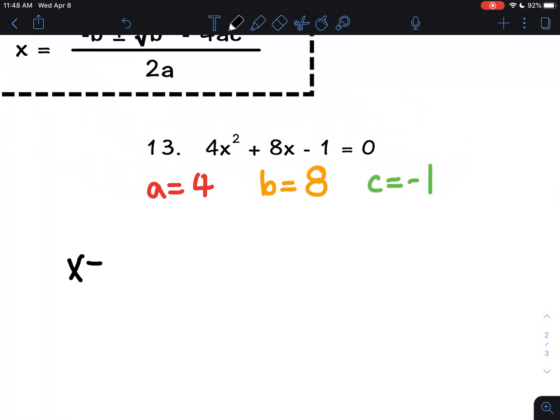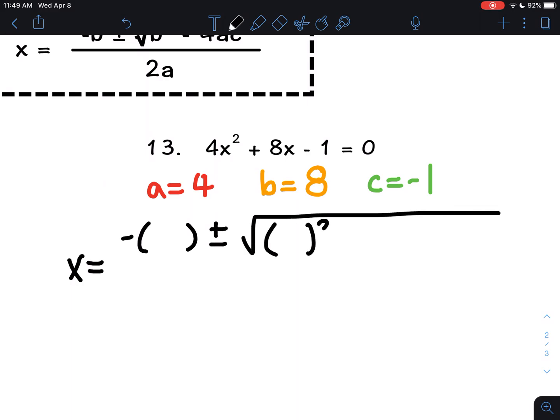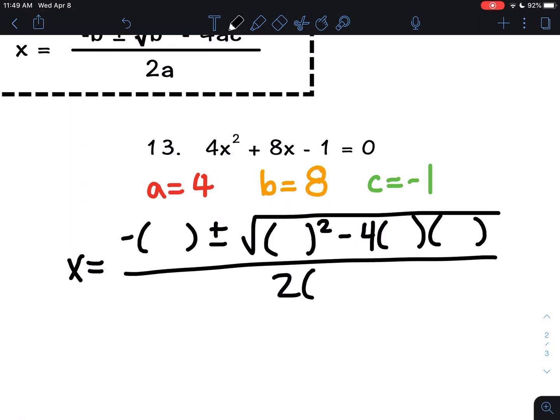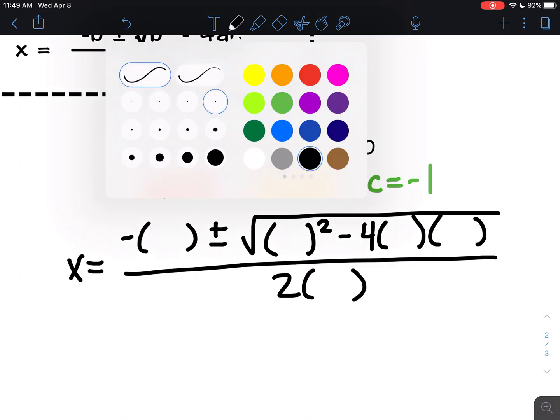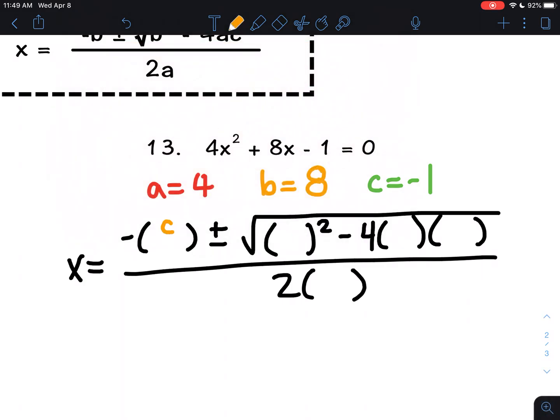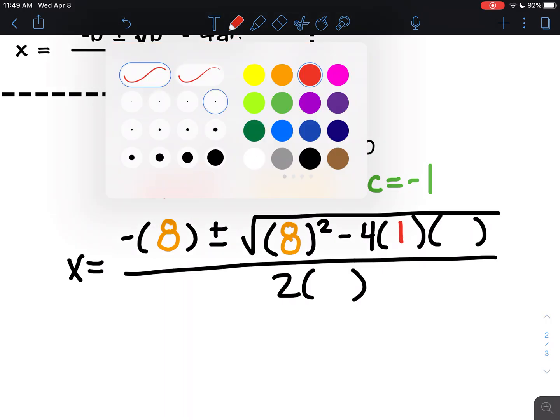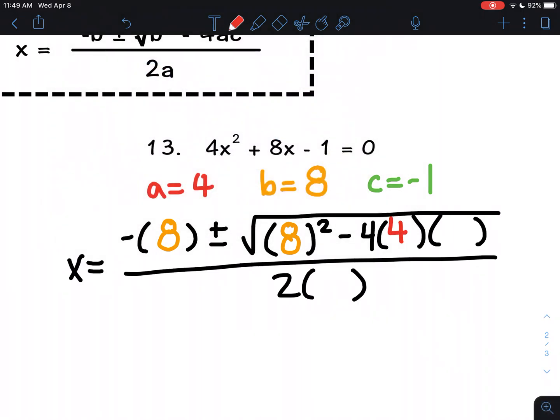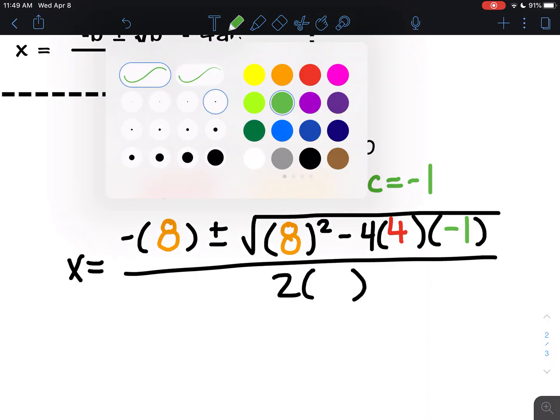Again, x is equal to the opposite of b plus or minus the square root of b squared minus 4 times a times c all over 2a. Plugging in my values. So we've got the opposite of b plus or minus b squared minus 4a. Oop, it's not a 1 this time, it's a 4. A, C, all over 2a.